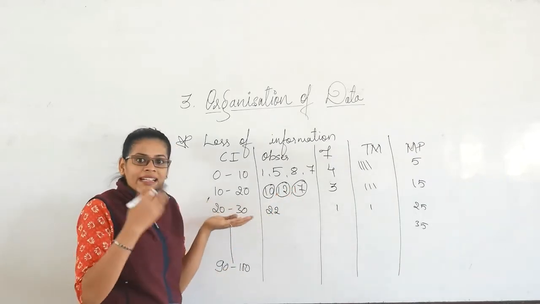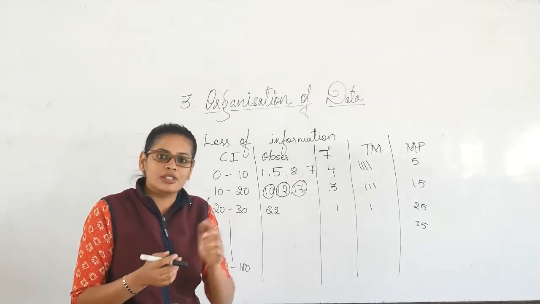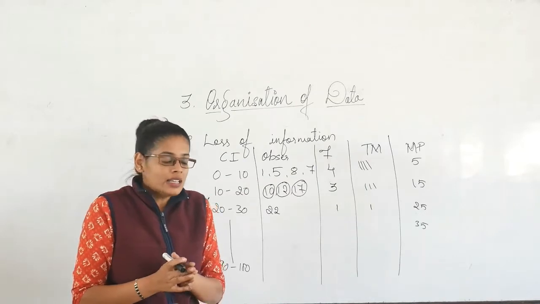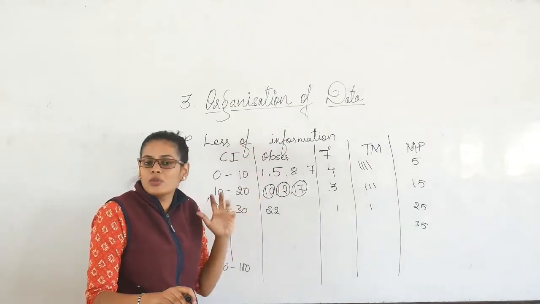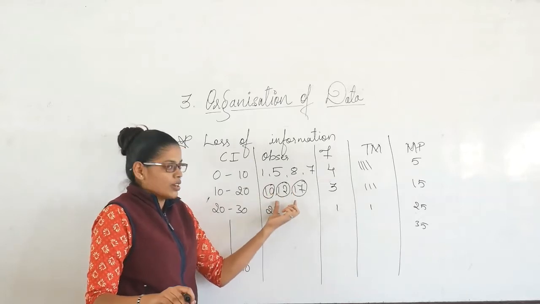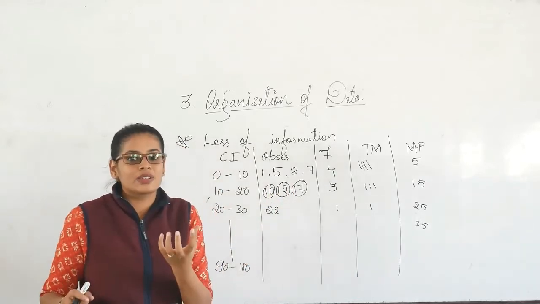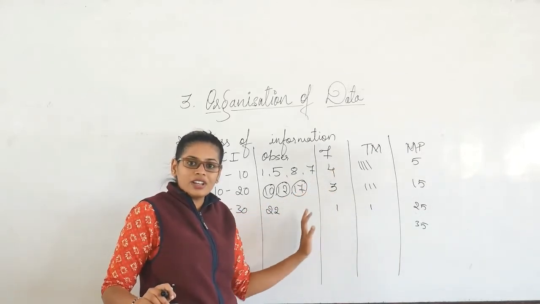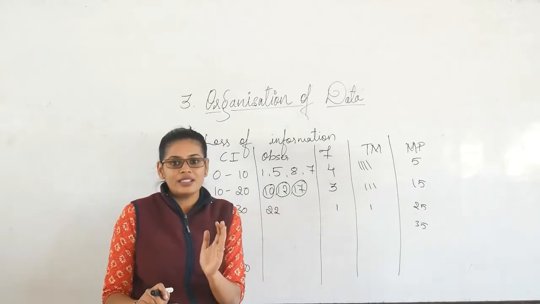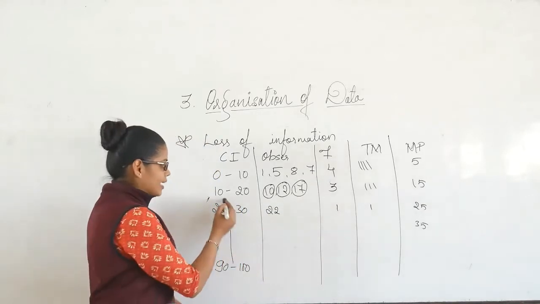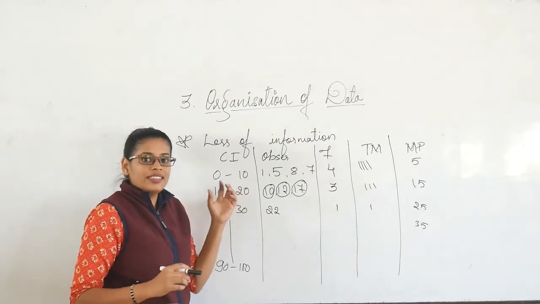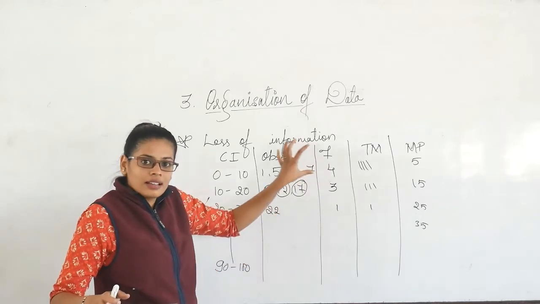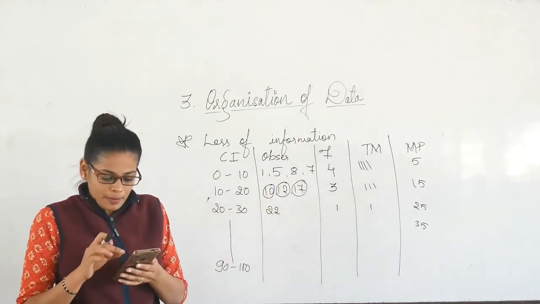Maybe it may be 19 if all the 3 students have scored the same marks. That possibility can happen too, right? So this is the loss of information we are talking about. The exact marks scored by the student do not appear here. What we are showing is how many students have scored marks in this range. So there may be a loss of information if we calculate this information in this pattern.